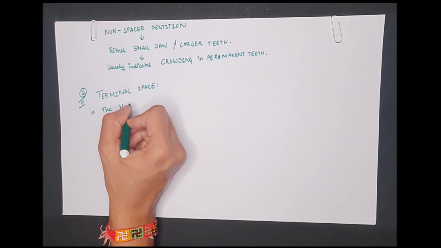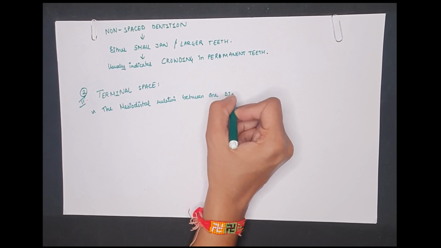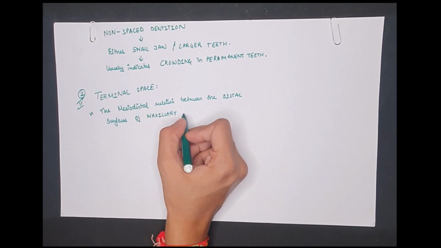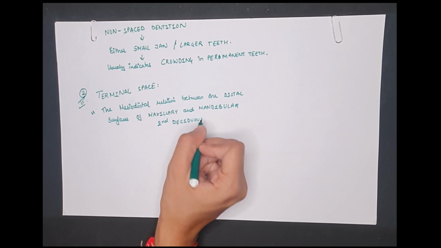The mesiodistal relationship between the distal surfaces of maxillary and mandibular deciduous molars is called the terminal plane.